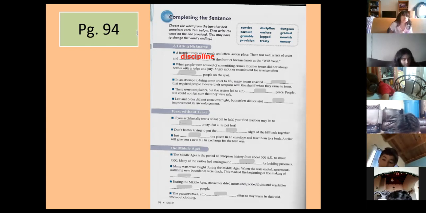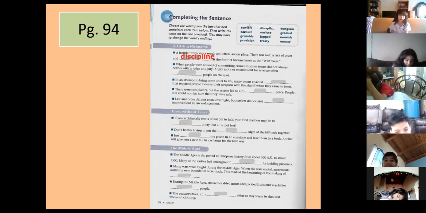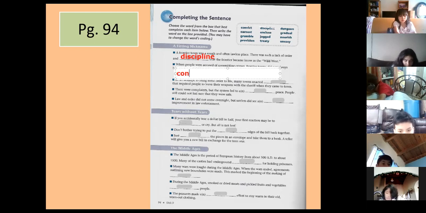What do you think is the answer? I'm not sure, but I think it is convict. Yes, convicted. We're going to write convicted. Excellent. So it says when people were accused of committing crimes, they were considered convicted. So with ED at the end, let's write it down.